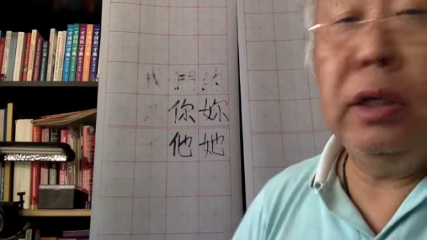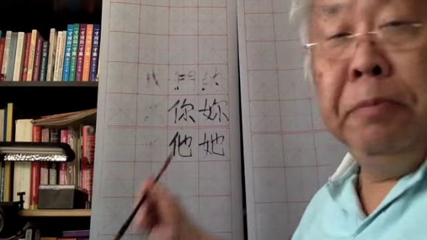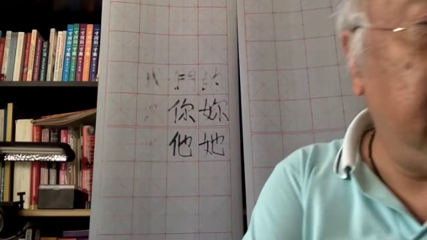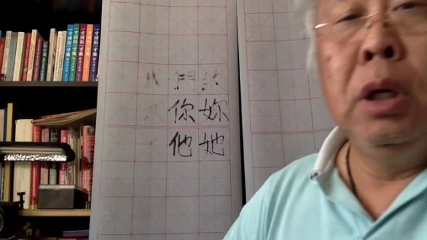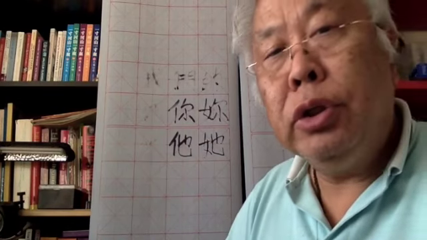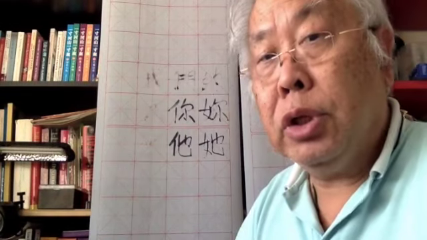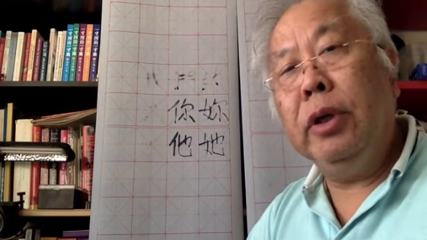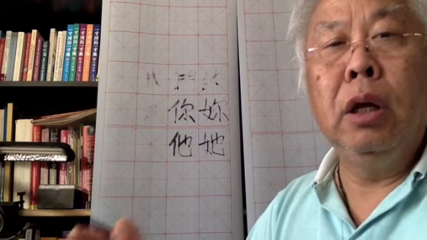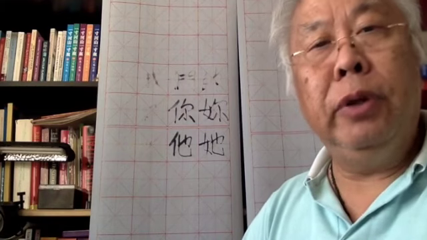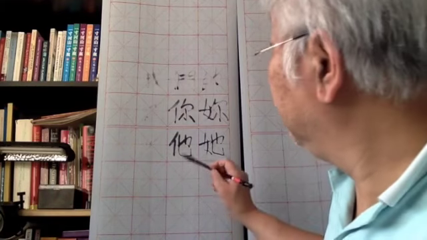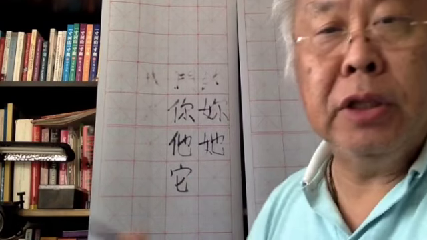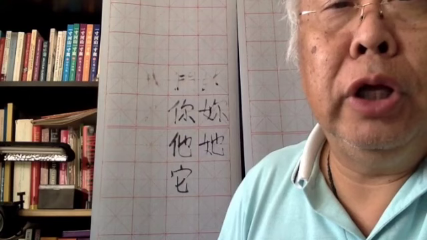Again, changing the people's side, man or people, into a female form. We also distinguish in the third person between human and non-human. So when we're referring to the third person as non-human, we have a different third person. This is the third person non-human form.